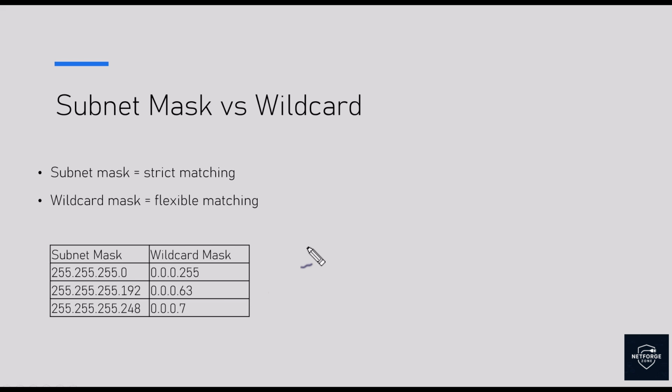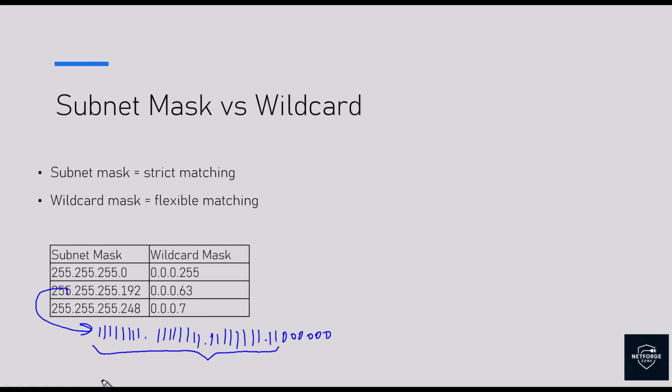This means that if I want to translate this into binary, that's going to give me 11111111, 11111111, 11111111, and finally I have 11000000, right?